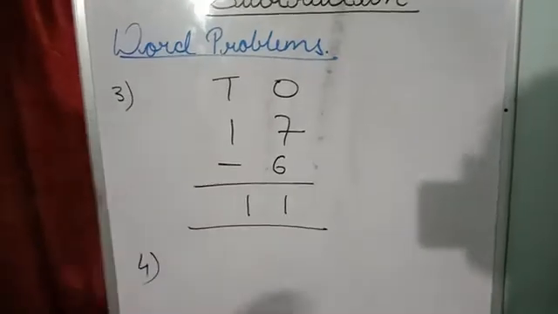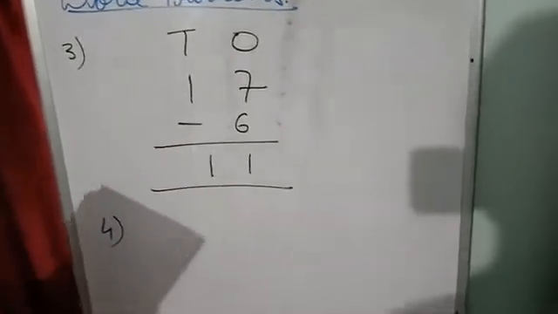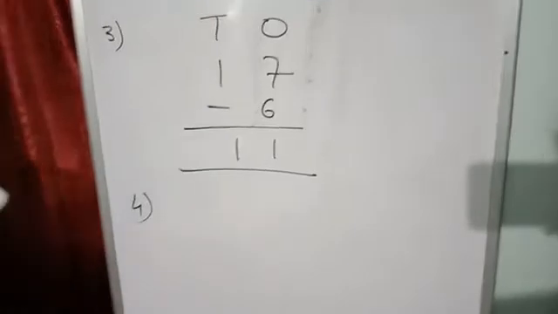The next, number 4. Ritu has 8 pairs of jeans. She gives 2 pairs to a poor child. How many pairs of jeans does she have now? Subtract.